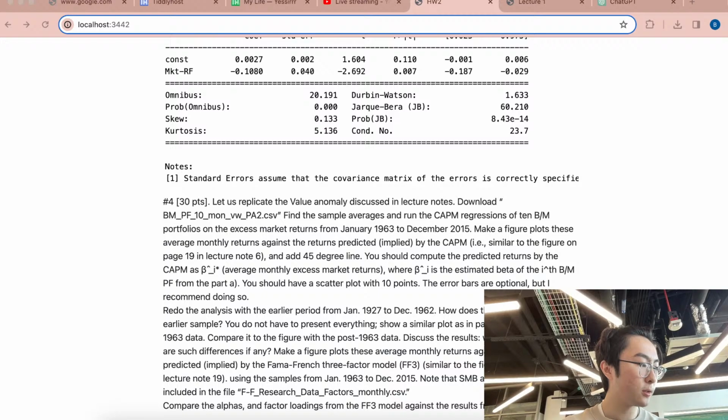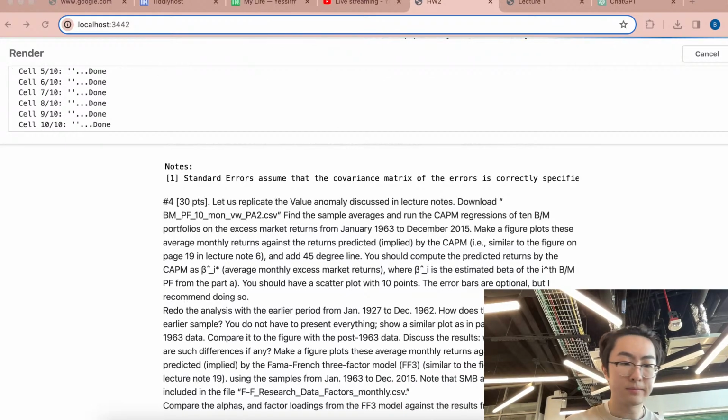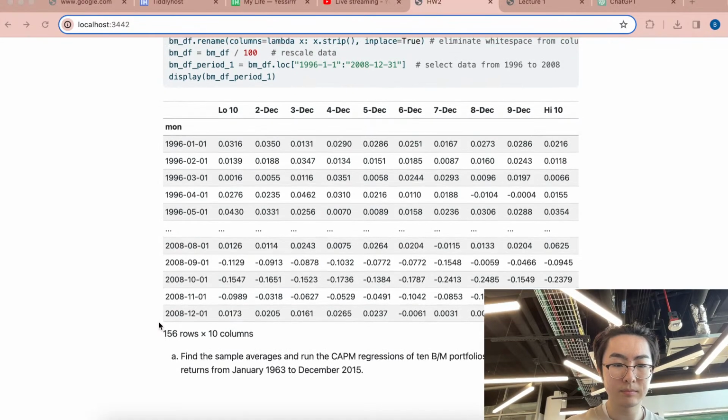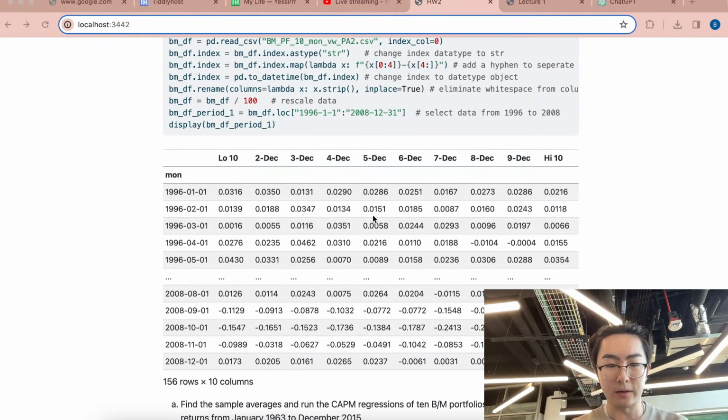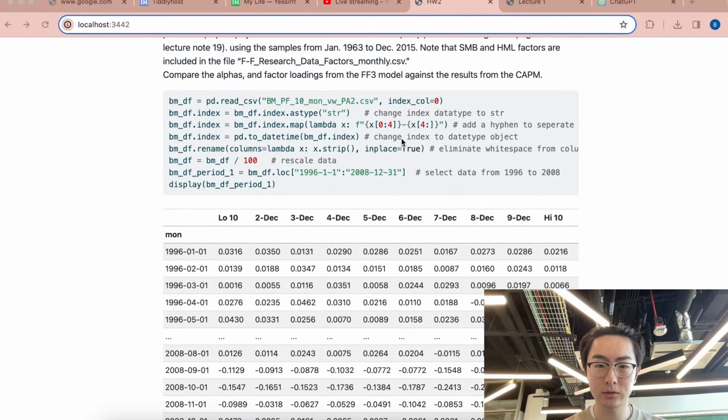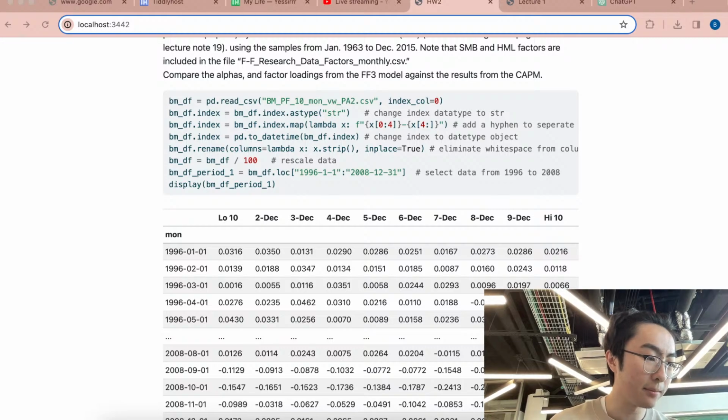Okay, nice. So I've converted the index to datetime now. I think now I actually have to select the time periods.